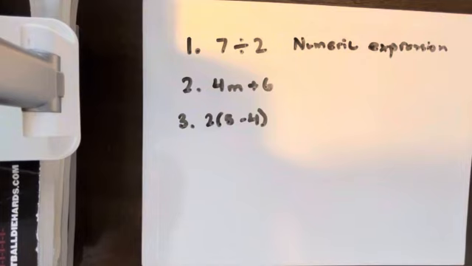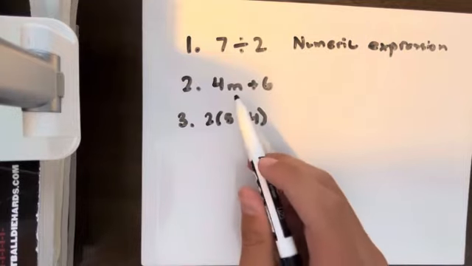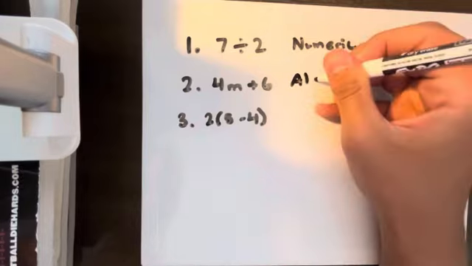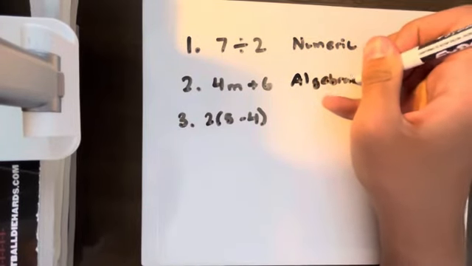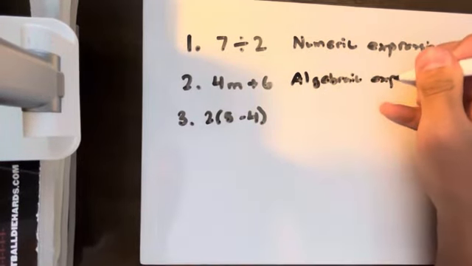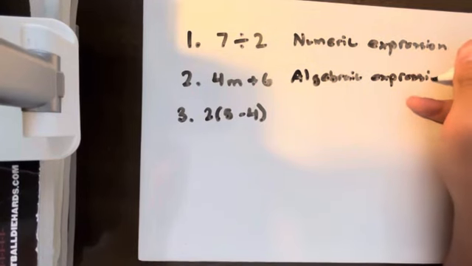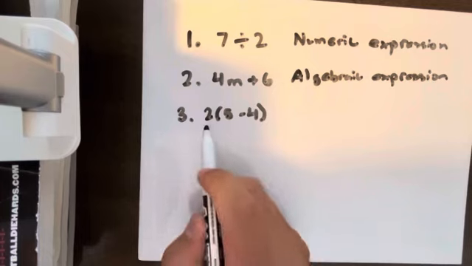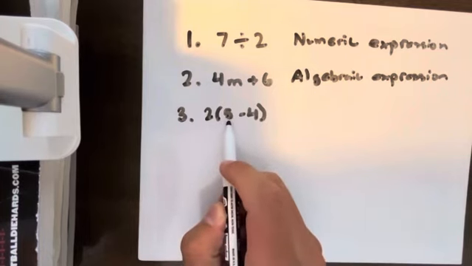Next, 4m plus 6. Appears to be a variable right there. That would make it an algebraic expression. Finally, 2 multiplied by the quantity of 5 minus 4.